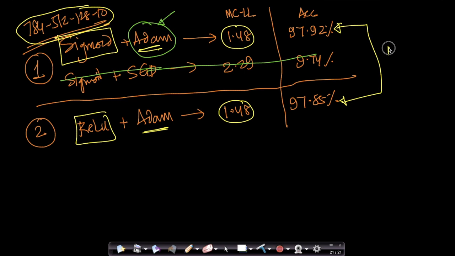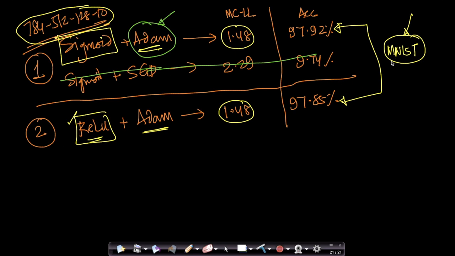Remember, MNIST, the dataset that we are using, is a very, very simple and easy problem. When you have more complex problems, you will see a significant advantage in ReLU over sigmoid. MNIST is one of the simplest cases. We learned theoretically that ReLU should perform better than sigmoid.